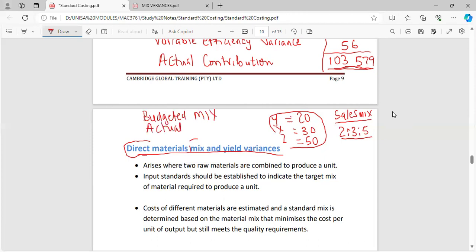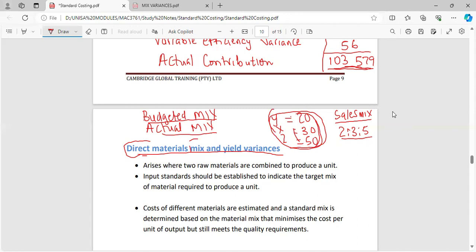So what you are trying to do here is to see the variance that was caused because of the difference in the budgeted mix and the actual mix. When we use this, you will see at the end of the product that the mix is going to be different based on the budgeted and the actual mix. The actual quantities that are going to be used might be different from what we were expecting. So that is the variance that we will be trying to calculate when we are using 2 or more products.